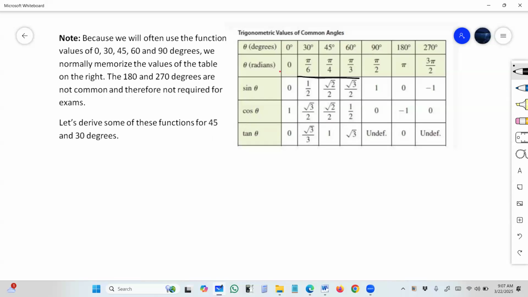We need to know these 9 because they may come up where you have to find the exact value of either 30, 45, or 60 for sine, cosine, or tangent. Tangent, you don't really need because you can divide sine by cosine. So it's really only these 4 that we have to memorize. Make it a habit to do that because future problems will require this.